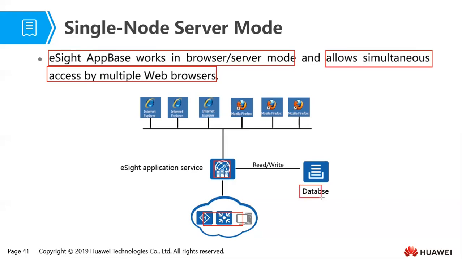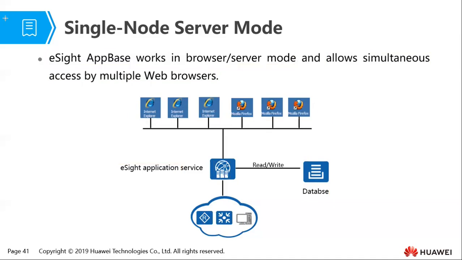In your server, of course, you have the database and the eSight application running. So several browsers can log into eSight. If you're working, for example, as a team of network engineers, so several can monitor. So you have a single node, just a single eSight server. That's why it's called single node server mode.